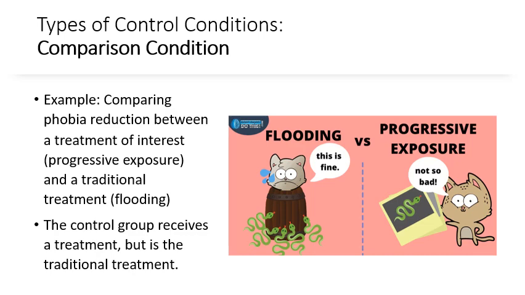Let's say there's a common way of treating it, and a new way that some researchers want to explore. So they might compare their new way, let's say that is the progressive exposure to whatever the individual is afraid of, in this case snakes, and a traditional treatment, flooding, which is on the left here. So the participants in the control condition would receive the typical treatment rather than no treatment.